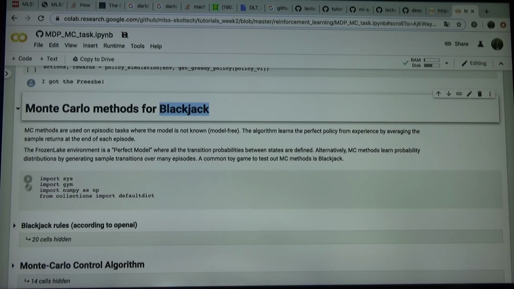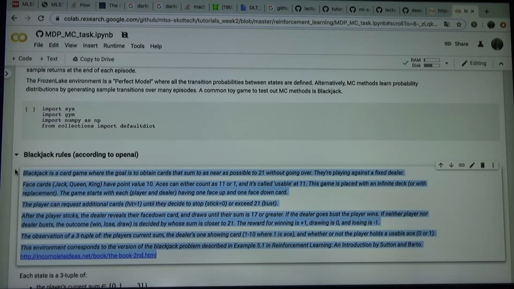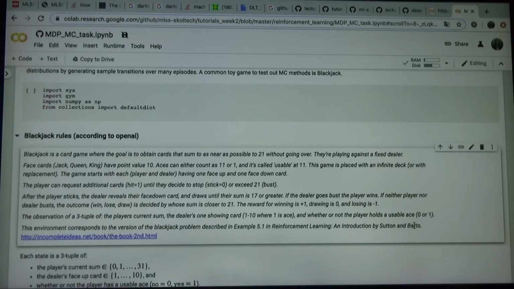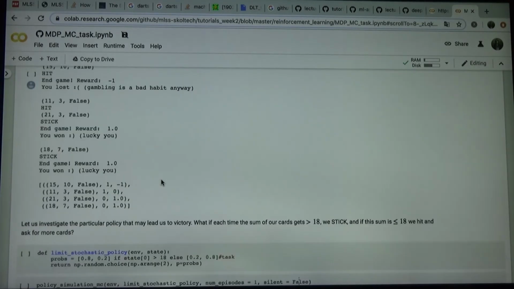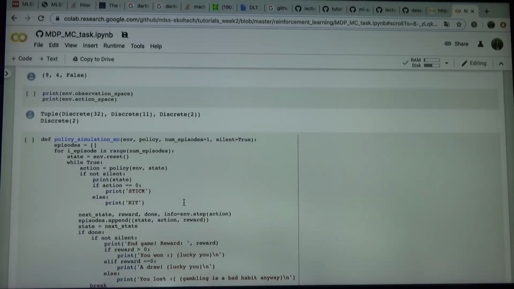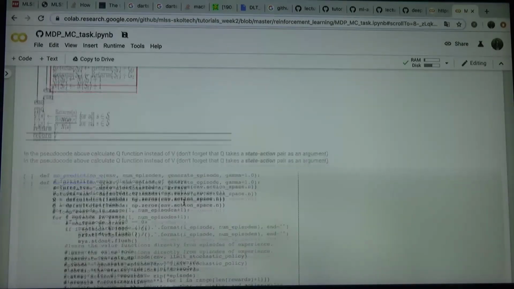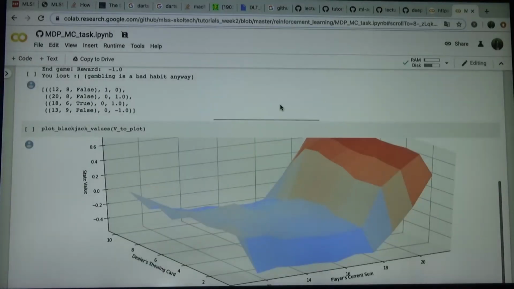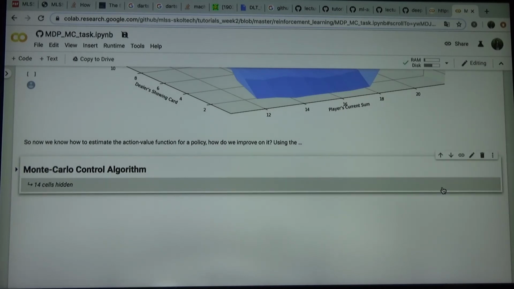The rules are still very unclear, but why do we need to know the rules? We just need to know the reinforcement learning algorithms. I also propose that you try this. In the task IPython notebook, I haven't deleted any pieces of code, so you can just go through it and have a look at what you can do with Monte Carlo algorithms for model-free environments.